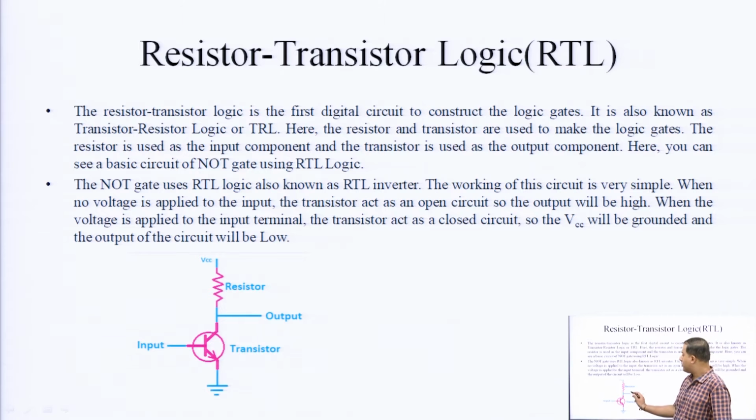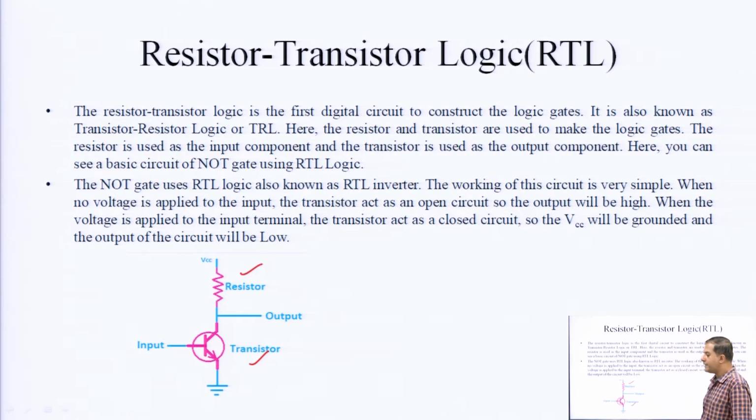From the diagram you can see that here we have one resistor and one transistor. The resistor is acting as the input component and the transistor is used as the output component.